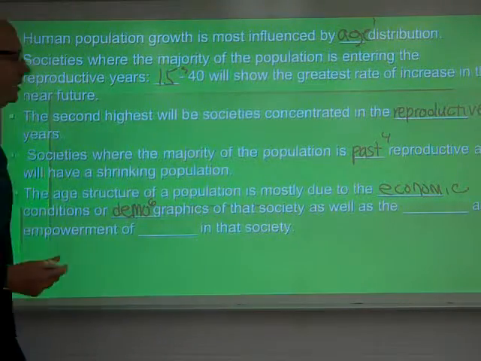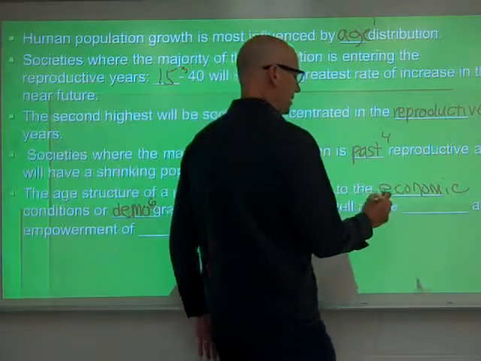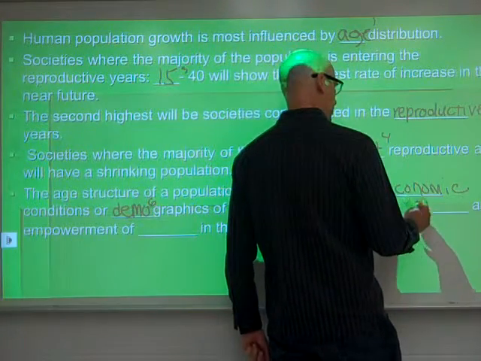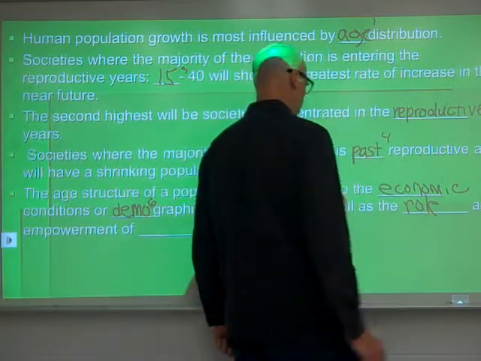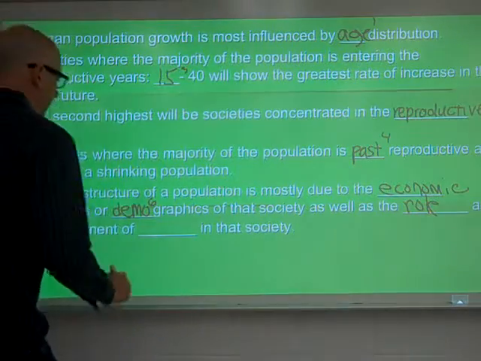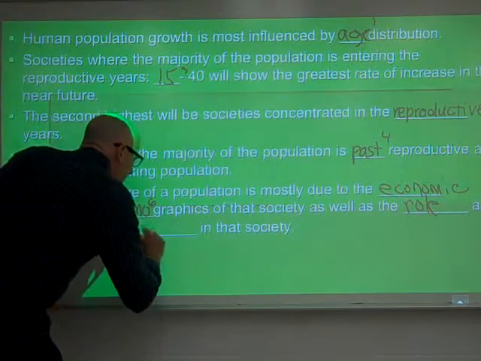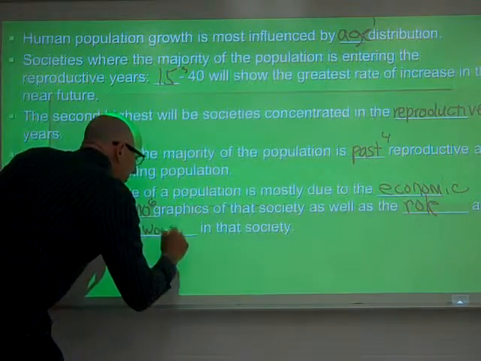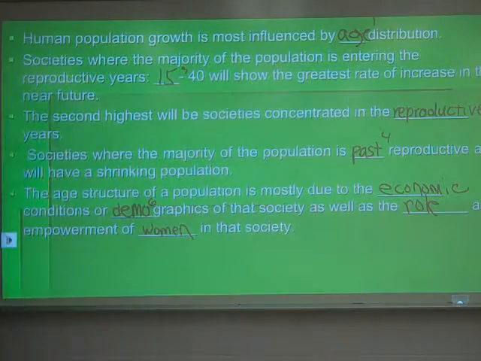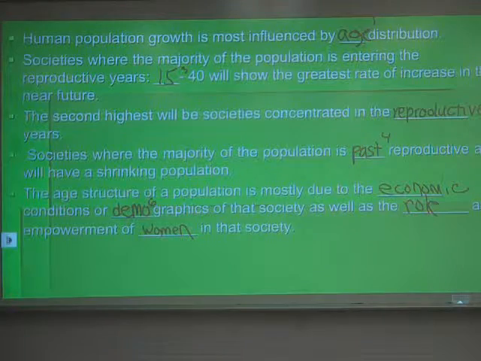And then you have one particular factor that stands out, and that is within society the role and the empowerment of women. That plays an important part because women are what we call the reproductive gatekeepers.